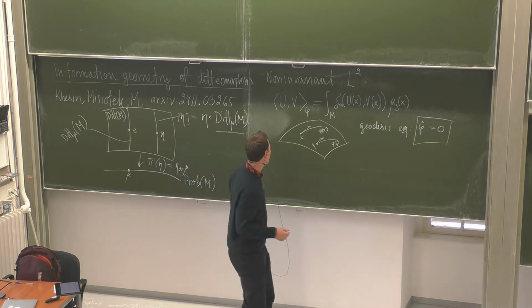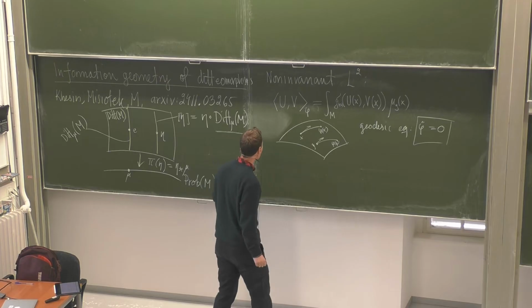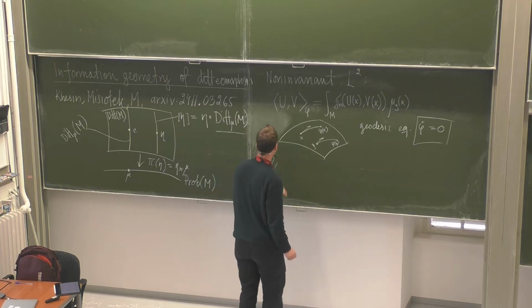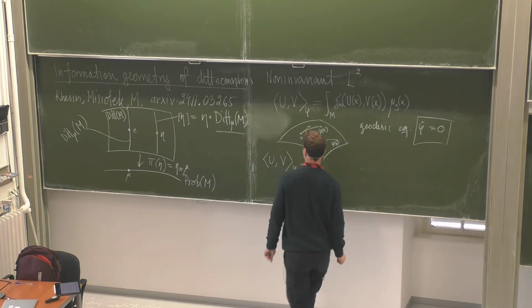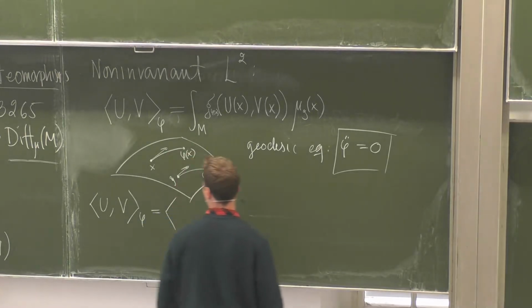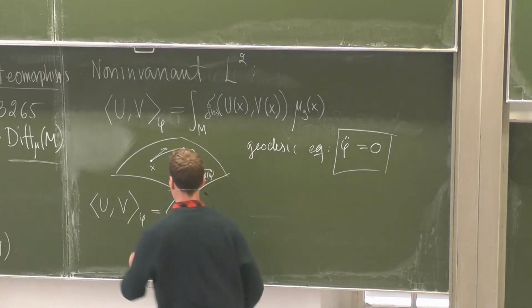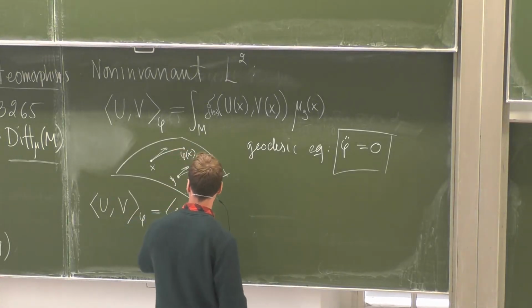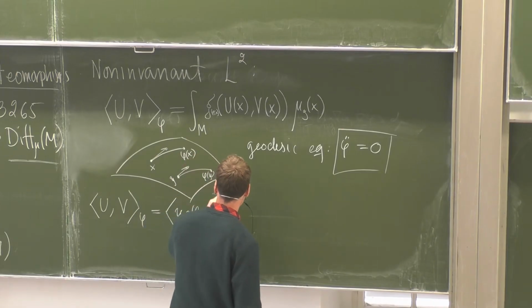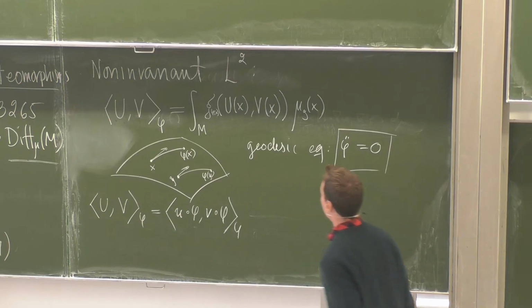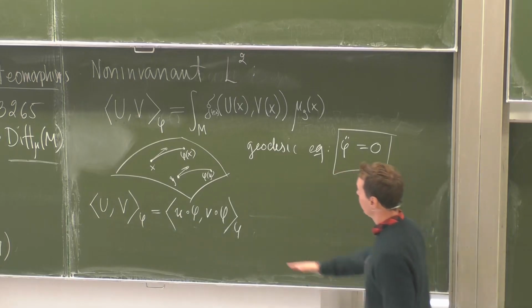So we can write this metric the following way: in terms of the corresponding vector fields, lowercase u composed with phi, and lowercase v composed with phi, at the point phi. And then we just plug in what this is.